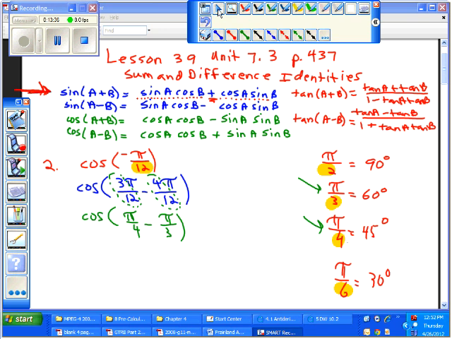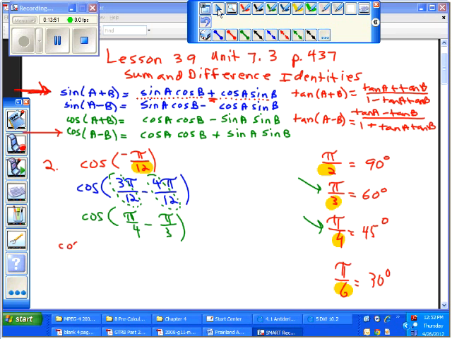Now we have the cosine of a difference, which is this rule right here, right? We're going to expand the cosine of a difference. So you have cosine A, cosine B, sine A, sine B, with a plus in the middle.